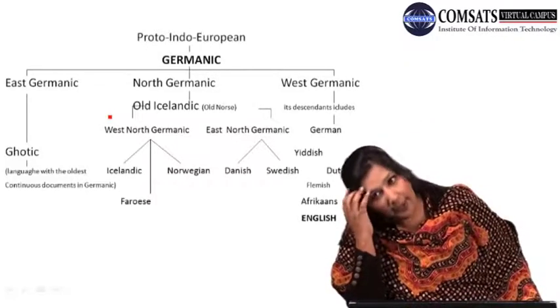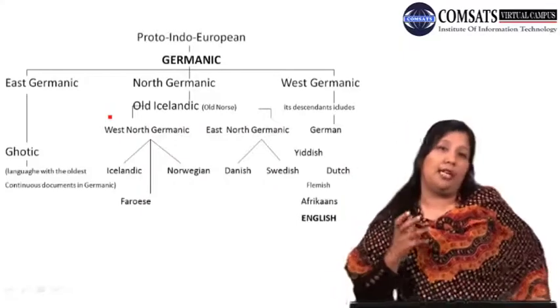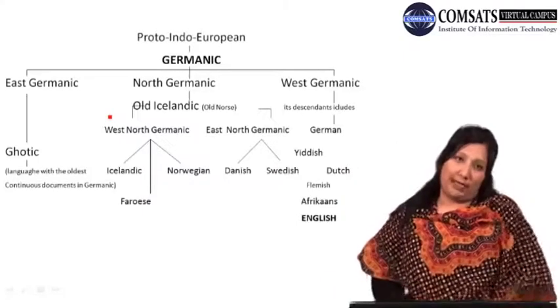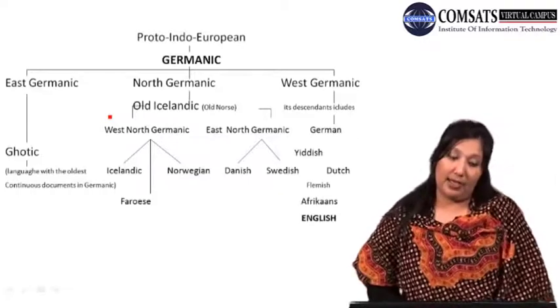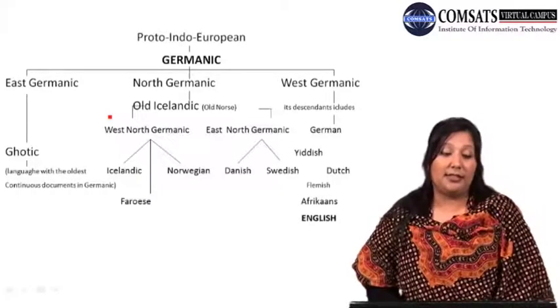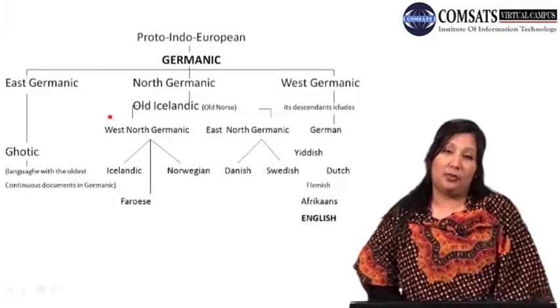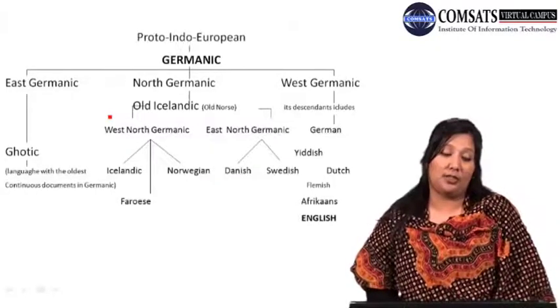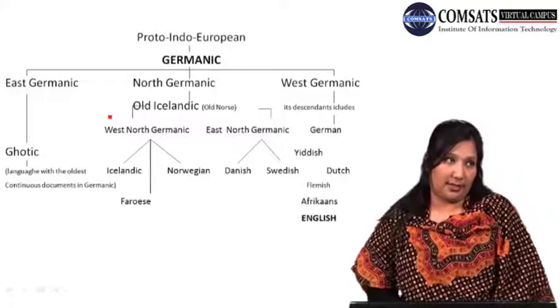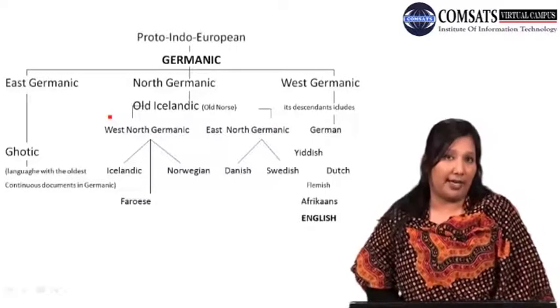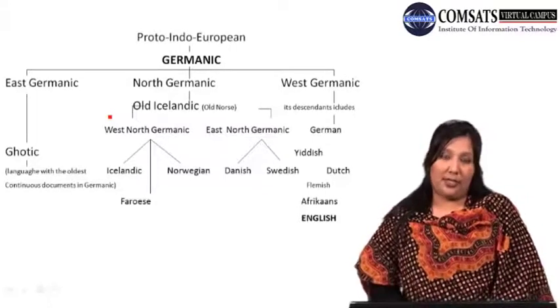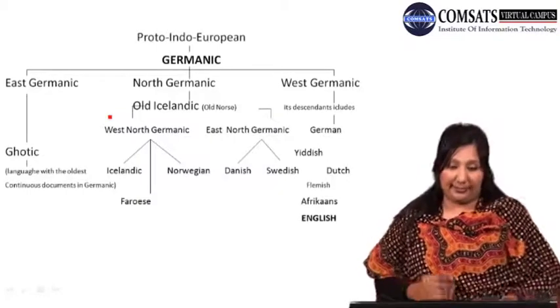Gothic has the scriptures of the oldest Germanic language. But the negative point is that these are the oldest documents. Perhaps they have become archaic then. Although they were present, they are archaic.